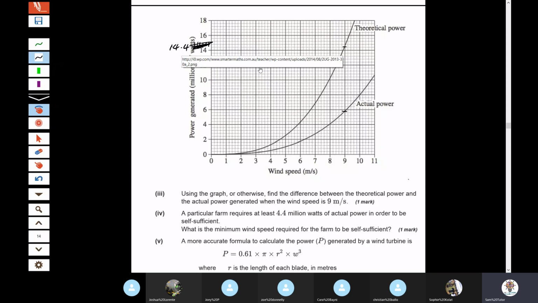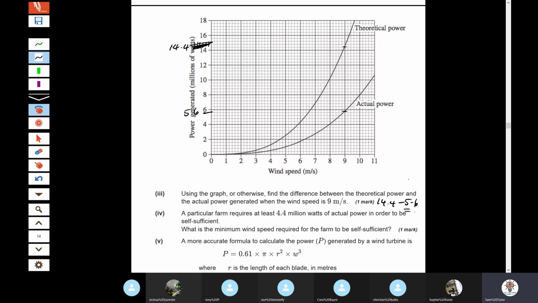It's because it's a link that we've copied in. 14.4, and this is 4.4, 4.8, 5.2, 5.6. Somewhere there would be 5.6. It's going up by 0.4. So obviously, what's the difference between 14.4 and 5.6?